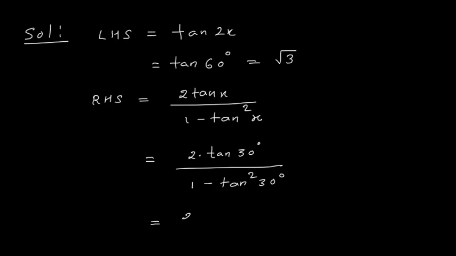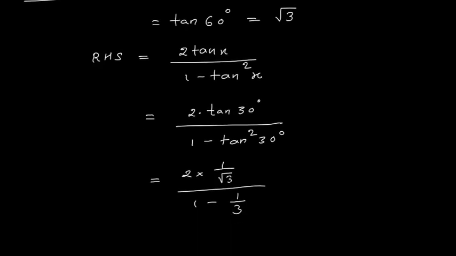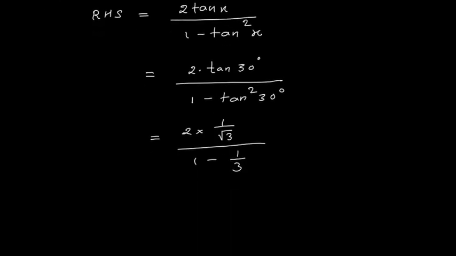Tan 30 degree is 1 upon root 3, so 2 into 1 upon root 3, whole divided by 1 minus tan square 30 degree, that is 1 upon 3. Now we will simplify this. So this is 2 divided by root 3, whole divided by 1 minus 1 upon 3, which will be 3 minus 1, that is 2 upon 3.